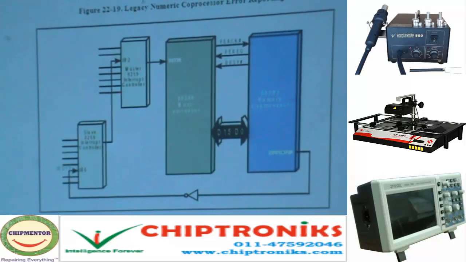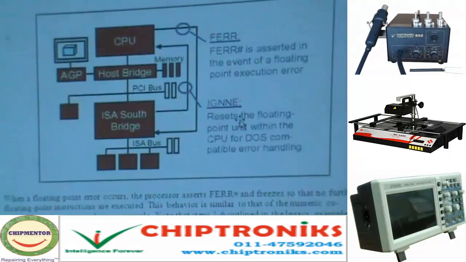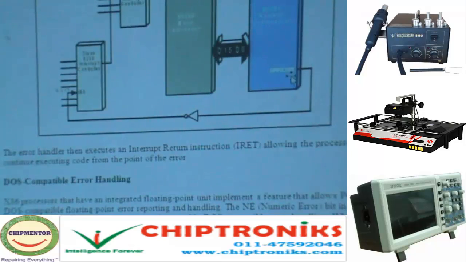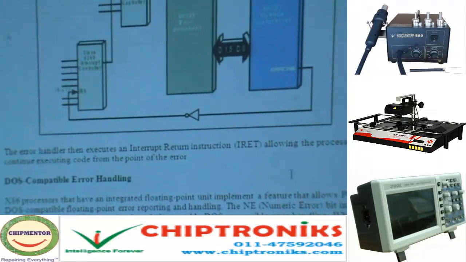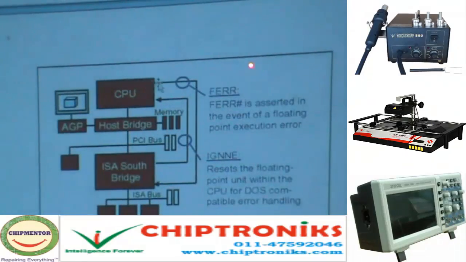But in the newer architecture, we have this kind of arrangement. If the CPU gets any kind of error, the FERR signal represents that error signal. The FERR signal is sent to the ICH and the IGNNE signal is sent to the CPU.